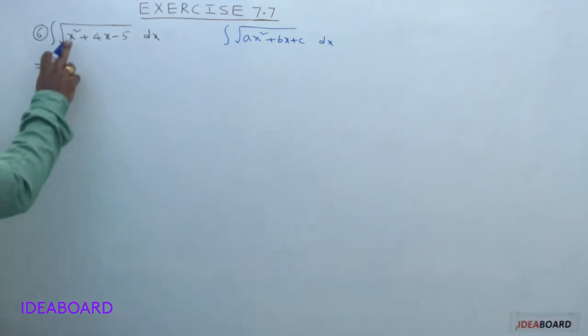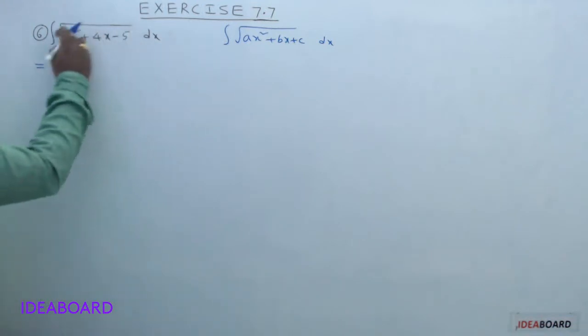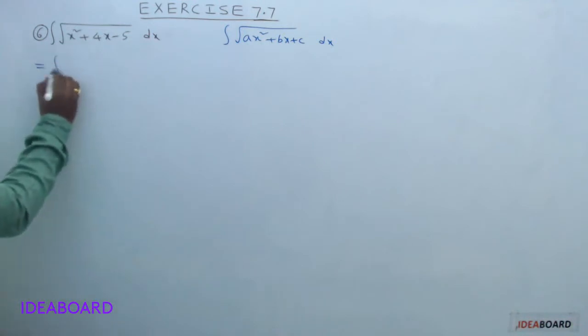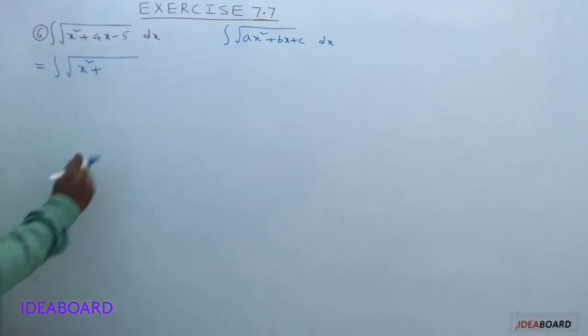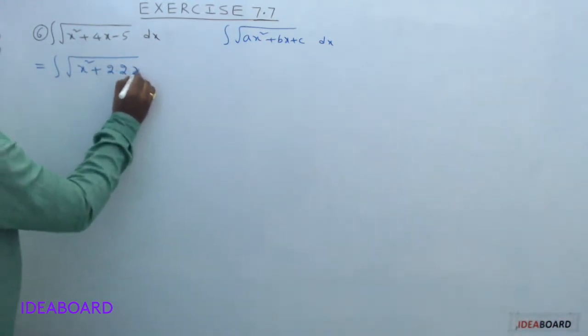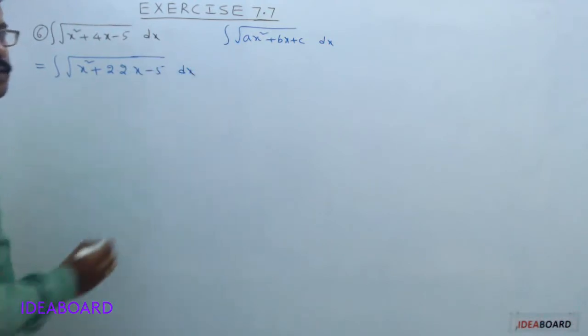Now here already x² coefficient is a unity. So you can try to make this expression as a perfect square. So it is integral square root of x² plus, this 4 can be taken as 2 into 2, into x minus 5 dx.